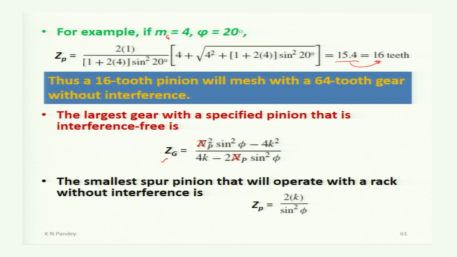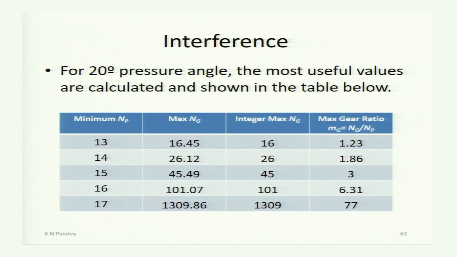So, knowing the value of mg, knowing the value of k, knowing the value of phi, we can find what should be the minimum number of teeth on a pinion, on a gear to avoid interference. Now, some standard number of teeth are there for different pressure angles. For 20-degree pressure angle, the most useful values are calculated and shown in the table below.